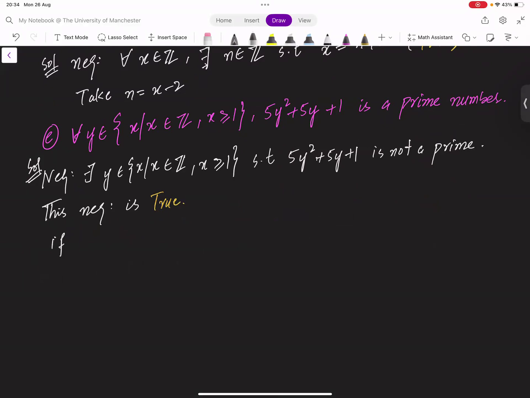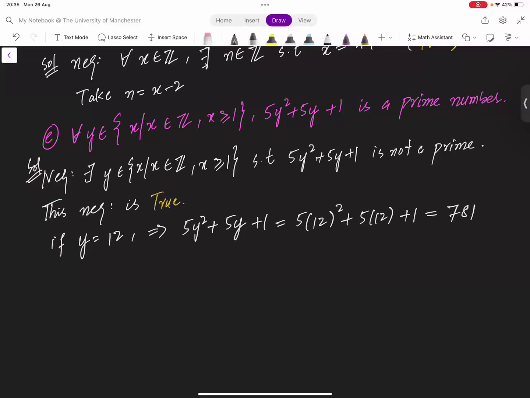So let's say if y is 12, then 5y square plus 5y plus 1 is 5 times 12 square plus 5 times 12 plus 1, which is 781, which is not a prime. It is a multiple of 11.